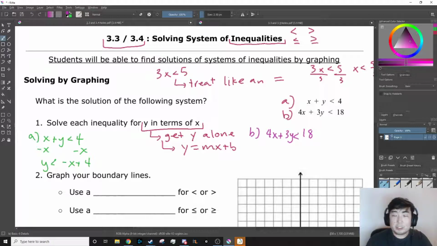So we just treat this like an equal sign. I want to get my y alone, so I'm going to move my 4x first. So 3y is less than negative 4x plus 18. And to get rid of the 3 that's being multiplied by the y, we can divide. So this turns into y is less than negative 4 over 3 x plus 6.